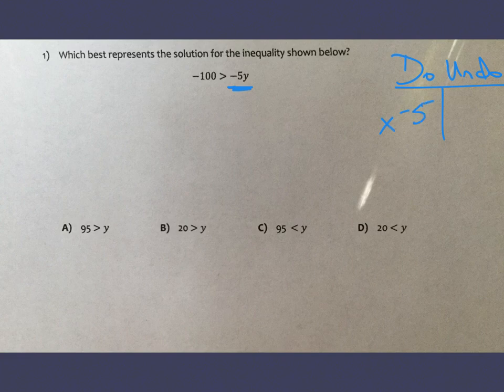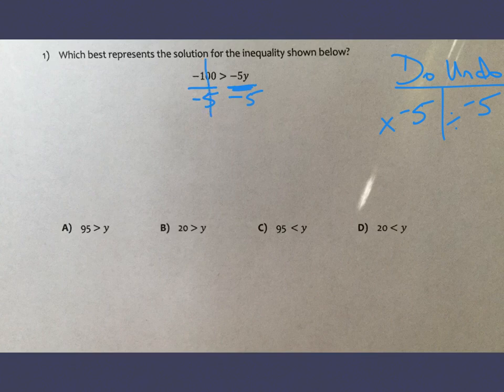It is currently being multiplied by negative 5. So we need the inverse operation, which is divide by negative 5. We're going to undo what is going on in this inequality by dividing both sides of the inequality by negative 5. Divide by negative 5, divide by negative 5.